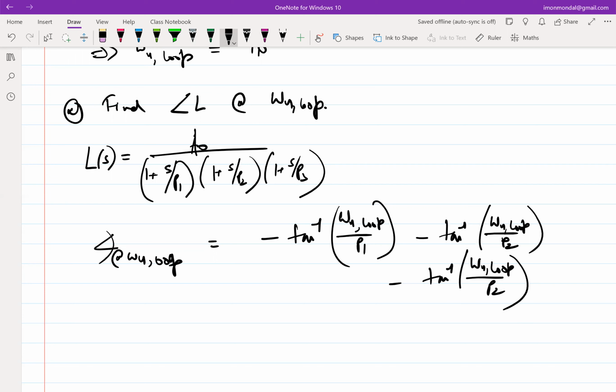Now assuming you are interested in a stable system, what do you think the ratio between omega U loop and P1 is? Much more than 1, less than 1, approximately equal to 1?